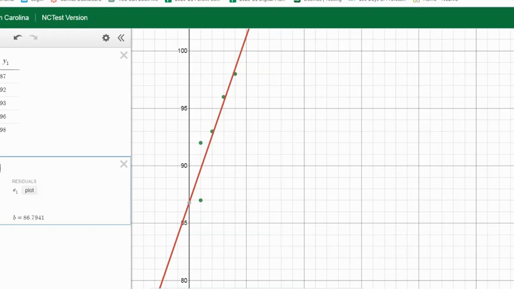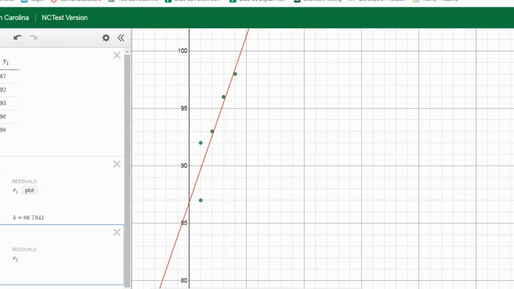So I'm going to say, let me just check and see if exponential might fit better. All right. Looking here at the r squared values, this is 0.812.